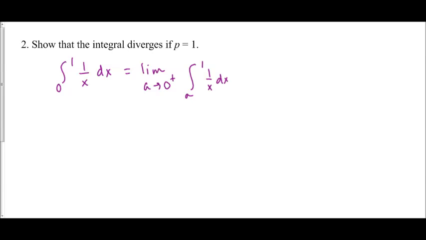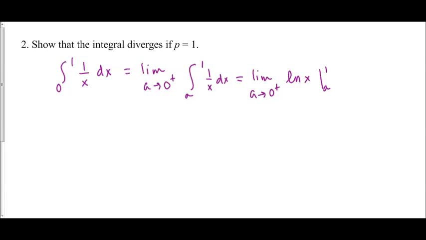And we know what the antiderivative of 1 over x dx is. So this is going to give us the limit as a goes to 0 from the positive side of the natural log of x evaluated from a to 1.